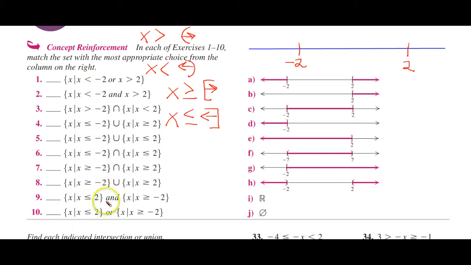So we see this throughout these. And by the way, these are written in what we call set builder notation. And we're asked to match these up to the items that are lettered on this side.